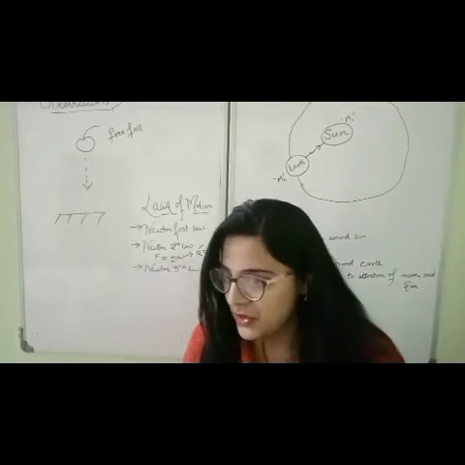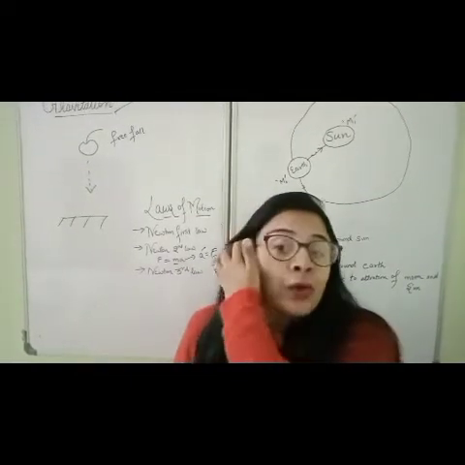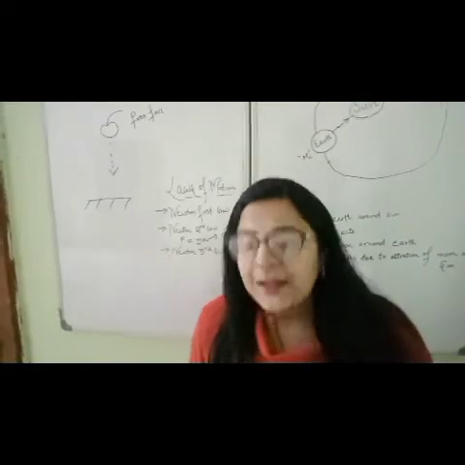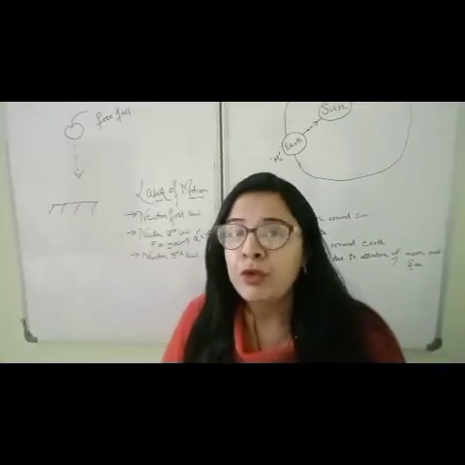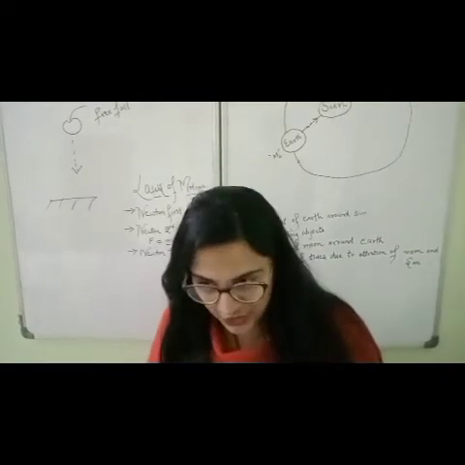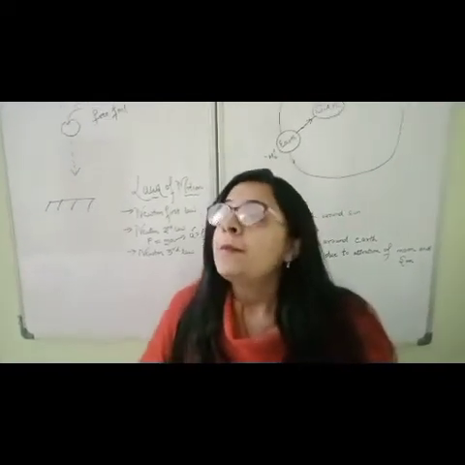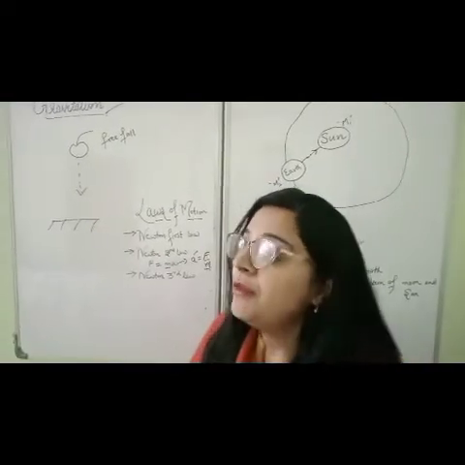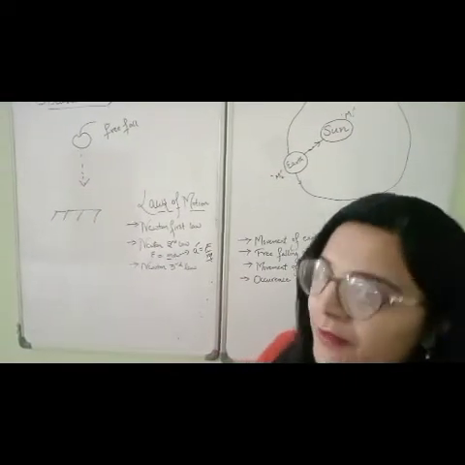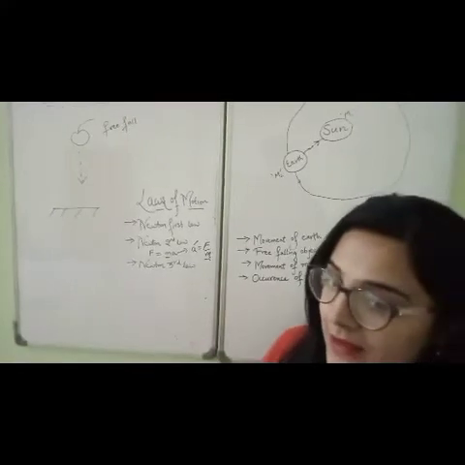So it means every object in this universe is attracting every other object towards itself due to a force called the force of gravitation. But for objects with greater masses, we observe less of it. We don't observe that force of attraction in those cases.